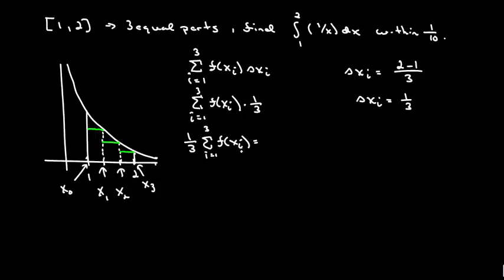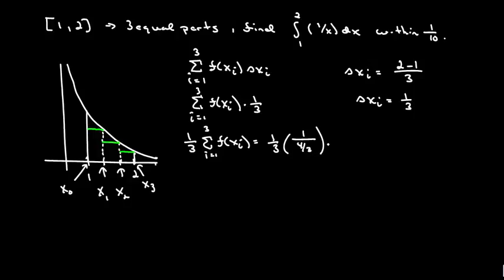What are each of these xi's? The first one is over here at 1 1/3. So this is 1/3 times 1 over 1 1/3, which is 4/3.